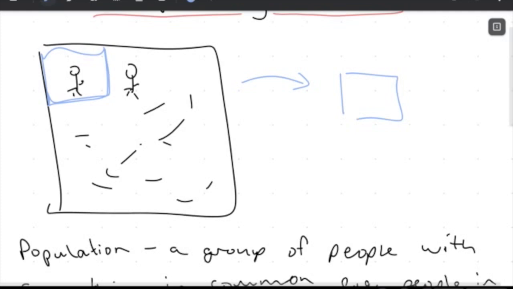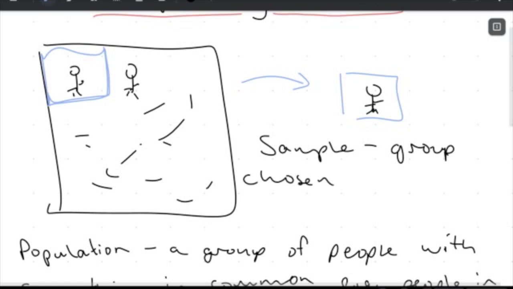So this is our sample. And this is like my one person here. Obviously with sampling, we're going to include groups of people. But basically a sample is a group chosen from the population.